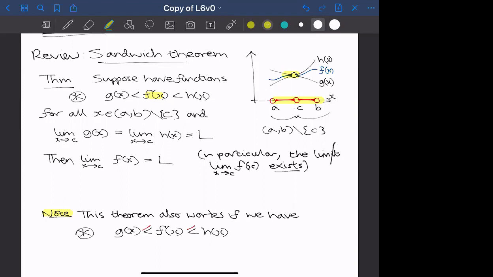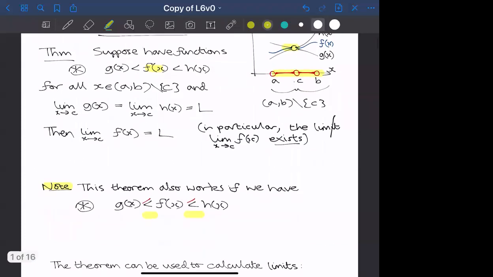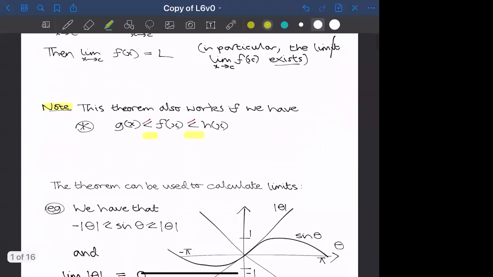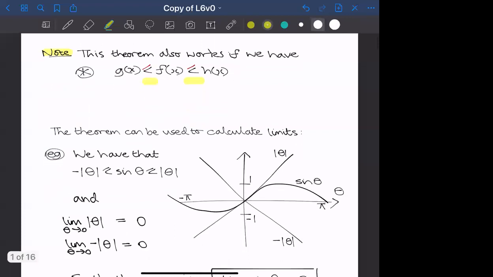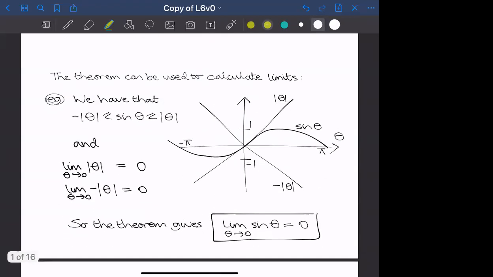Just use less than or equals here. In particular, that's the way it's written in the book. So I wanted to make that note so you're not confused. I hope this becomes clearer with some examples, and actually using this theorem to calculate limits that we might not find easy to calculate otherwise.